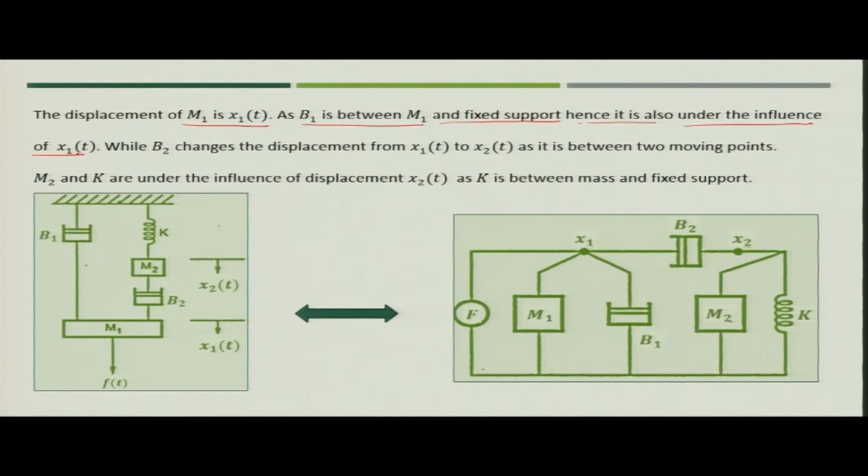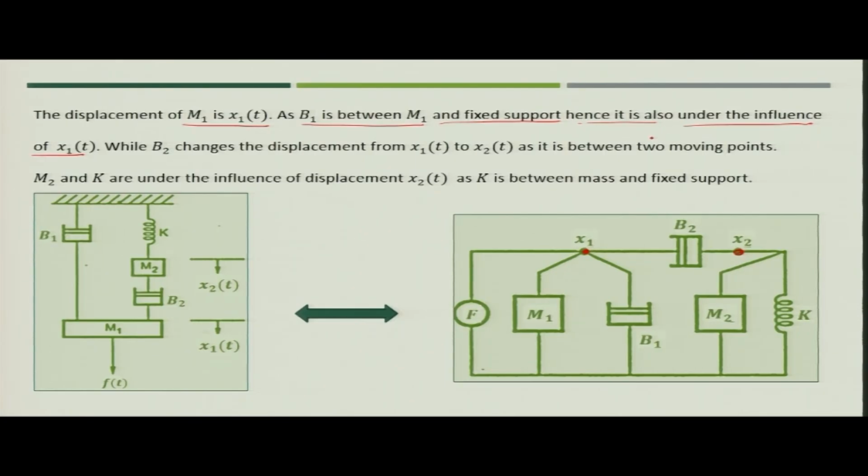Suppose we define two nodes, x1 and x2, because these are the two displacements we are seeing in the figure. For x1, the force is applied, causing displacement x1. So, force is now connected to x1.